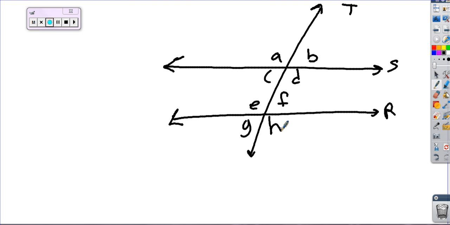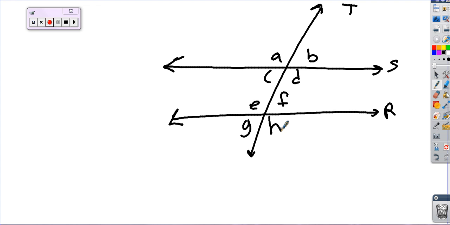G. Okay, first off, correspond has to be on the same side of the transversal and the same part of the parallel line. So F is on the right side of the transversal, and it's on top of its parallel line. Which one's on the same side and also on top of its parallel line? B. Angle B corresponds with angle F because the definition of correspond, you're going to have to remember this one, is it has to be on the same side of the transversal and the same position on the parallel line. So B and F correspond to each other.